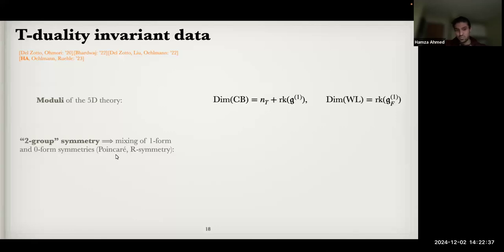In this case, it's a supersymmetric theory, so it has an R symmetry, and then it has, of course, a Poincare symmetry. This mixing of these symmetries is what's known as a two-group symmetry. And these are classified by what are known as two-group structure constants. You label them kappa R for the R symmetry and kappa P for the Poincare symmetry. The exact forms of these don't matter.